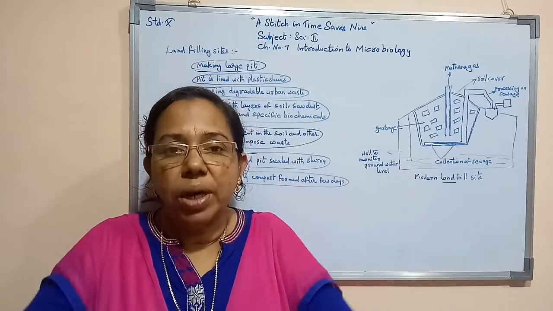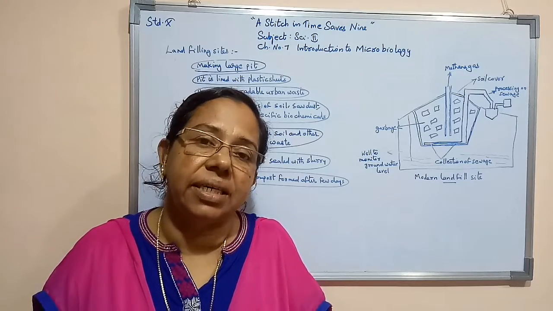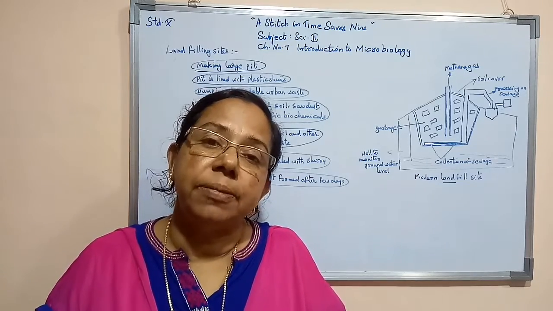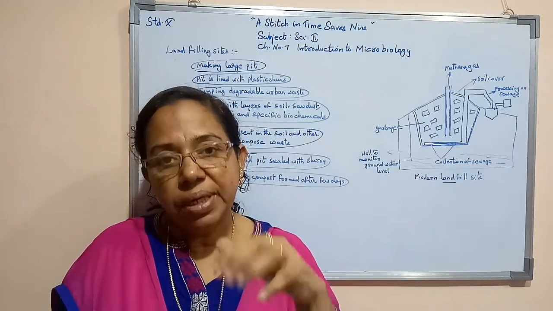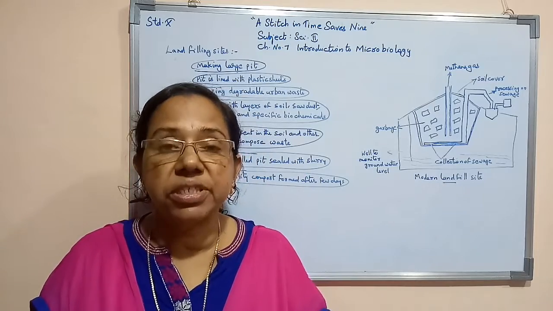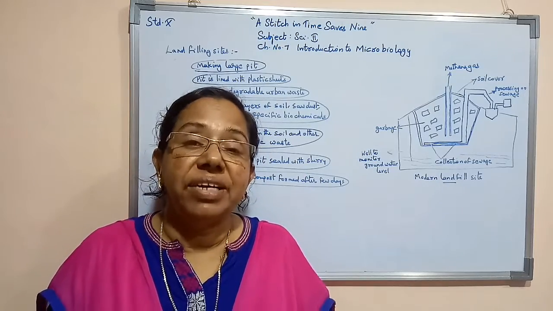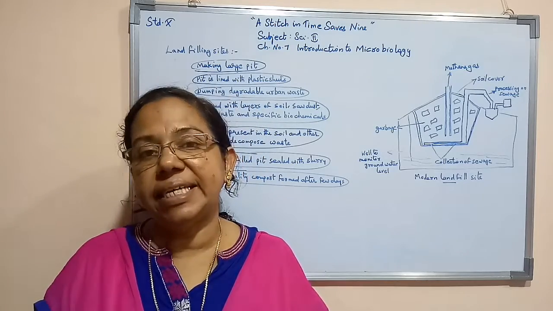Because large quantities of waste matter collected by the garbage vans can be dumped inside such a large pit. Then the pressing process should be done, otherwise we cannot fill large quantities of waste inside.